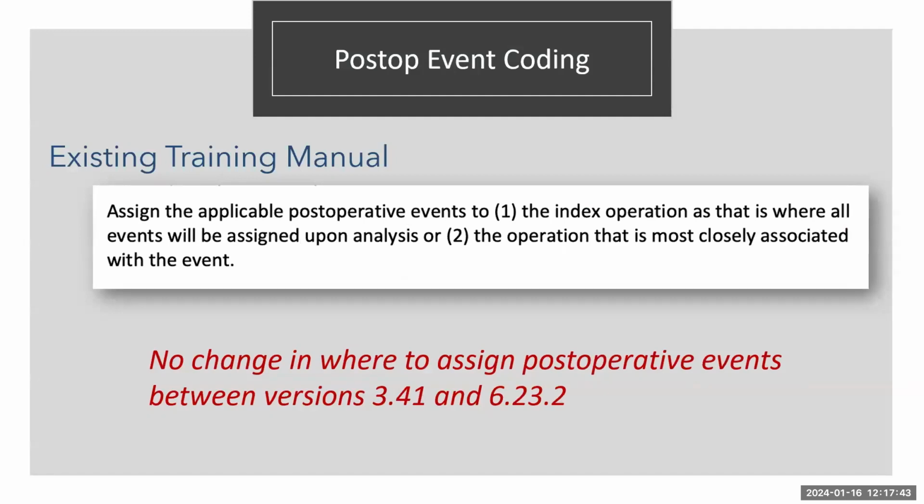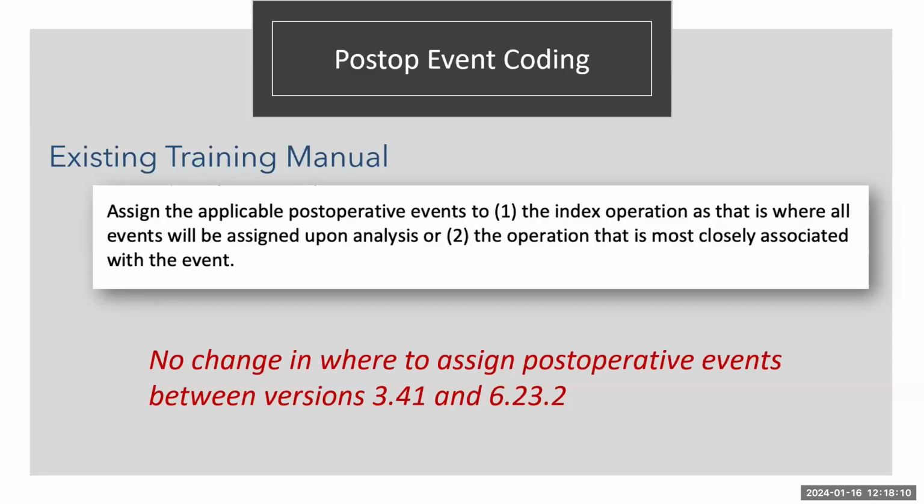Okay, so post-op event coding. Again, there is no change here between versions 3.41 and 6.23.2 at all. The existing training manual from 6.23.2 does say under post-op events, assign the applicable post-op events to either one, the index operation, since that is where all events will be assigned upon analysis, or two, the operation that's most closely associated with the event.